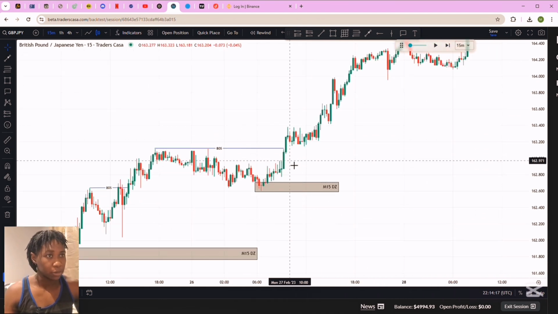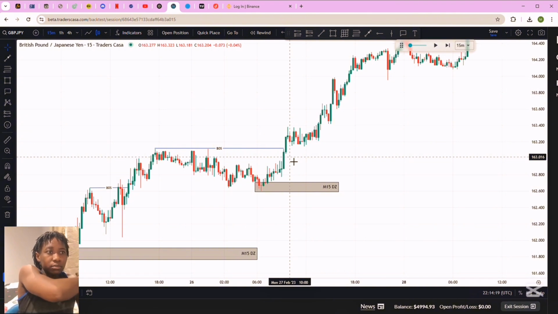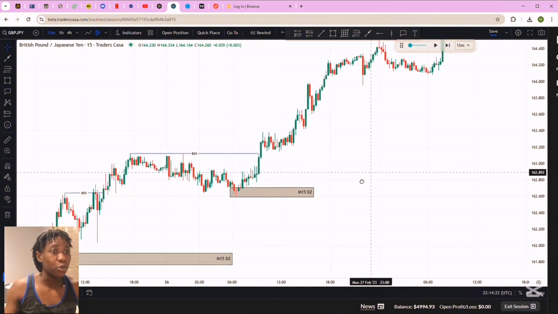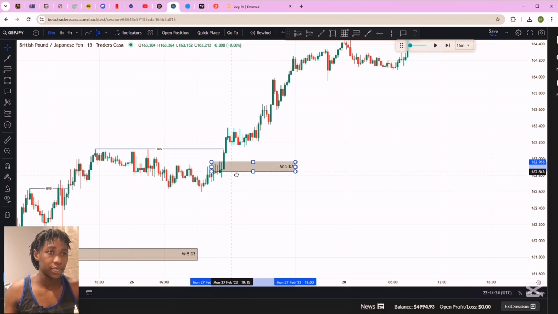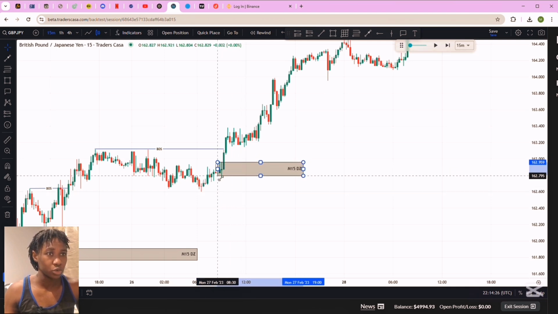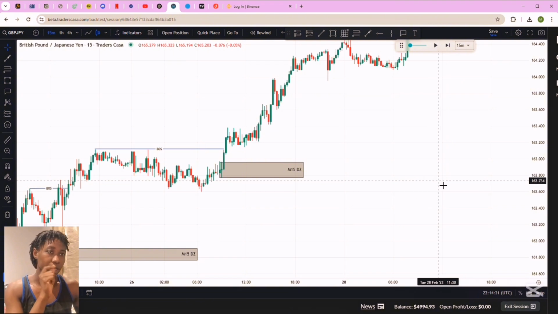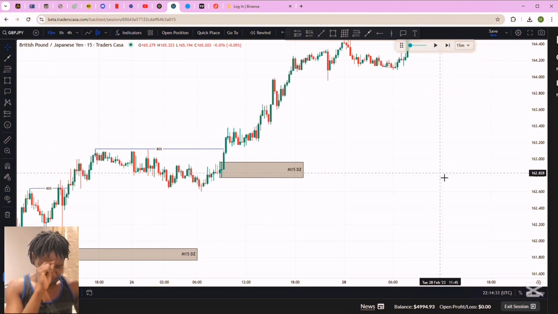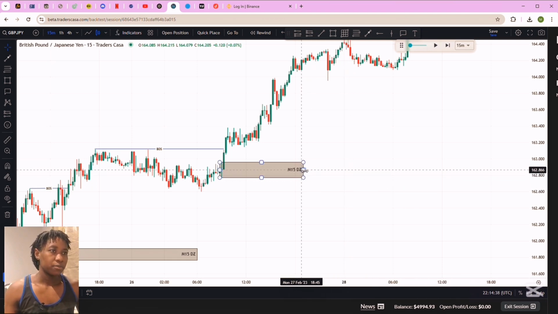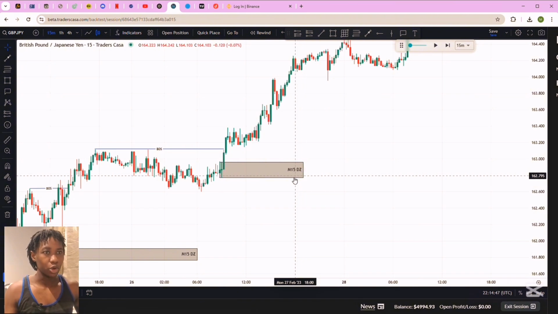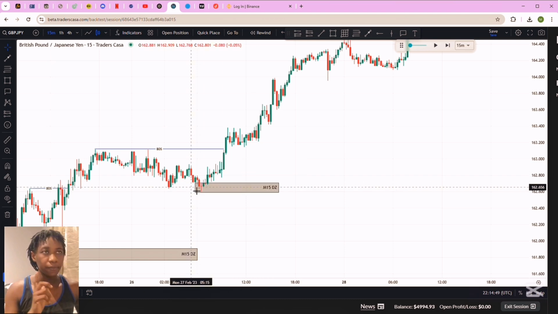I would have marked this zone also, because that was the zone that created a huge bullish impulsive move. Once price gets there, I'll look for my rejection as usual and take it from there, or just wait for the extreme side.